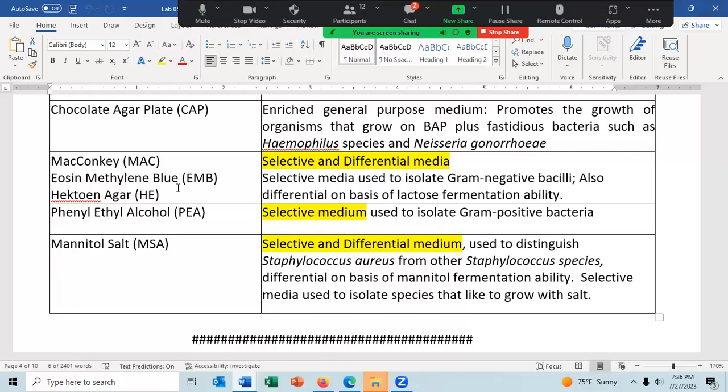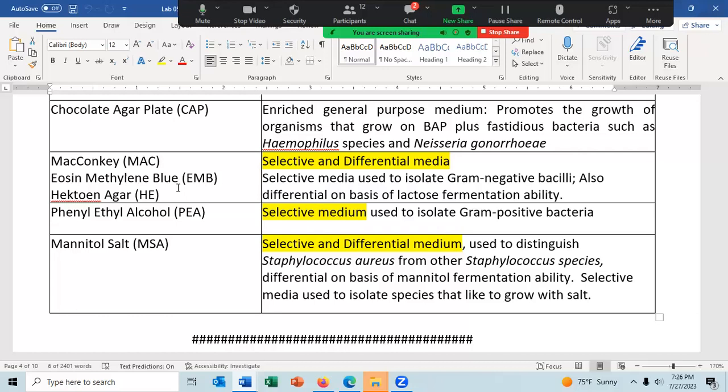If it can grow on the plate, it means it tolerates the salt present in mannitol salt agar. And if it does grow, then you can differentiate between those that ferment the sugar mannitol and those that do not ferment the sugar mannitol.